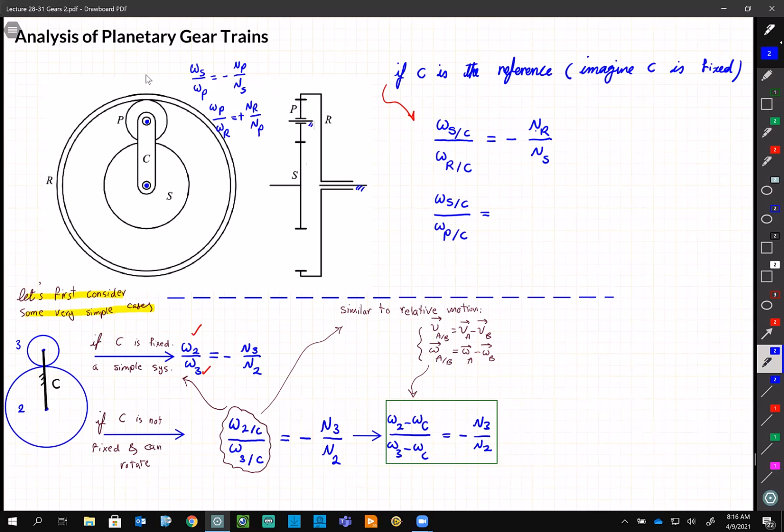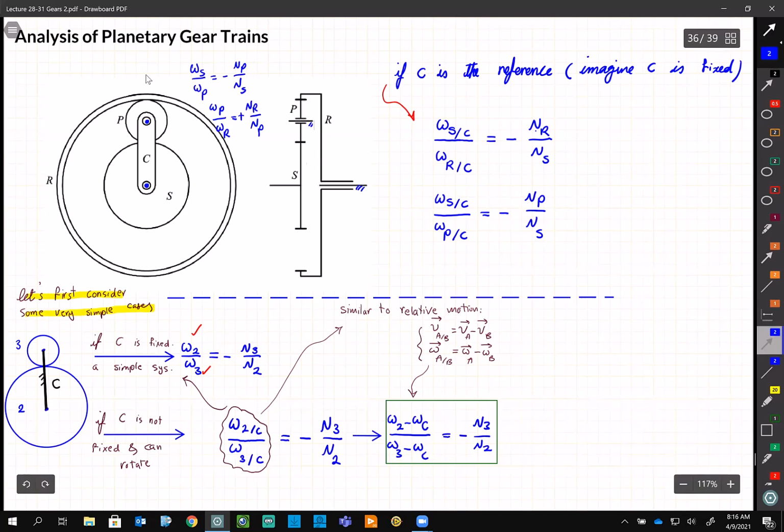So what about omega S with P? It is going to be minus NP over NS, right? Because it's just a simple system. And the left-hand side, we will translate it now to what we know from relative motion.